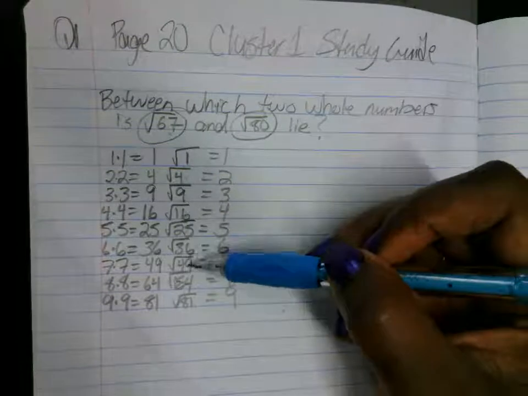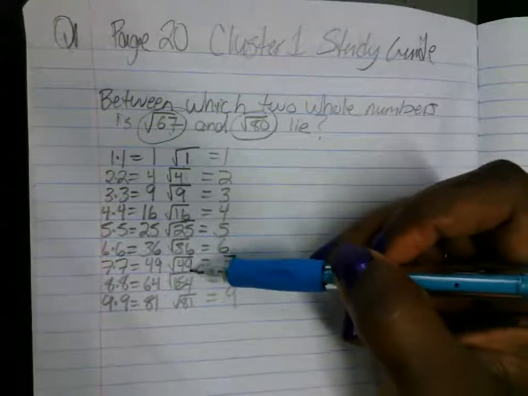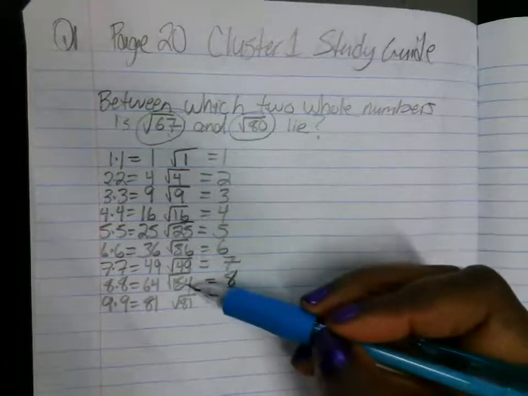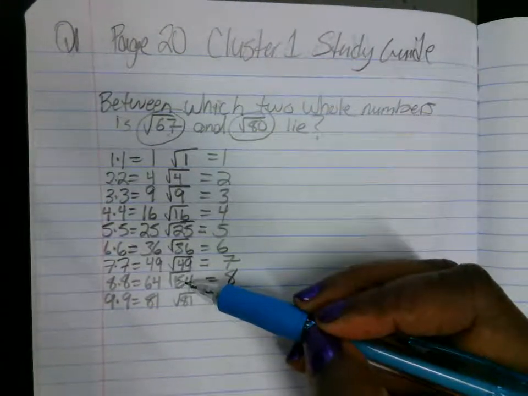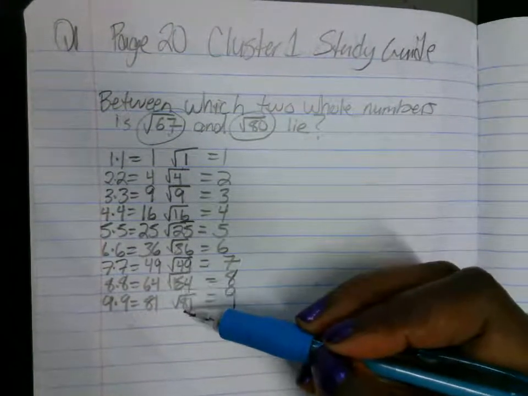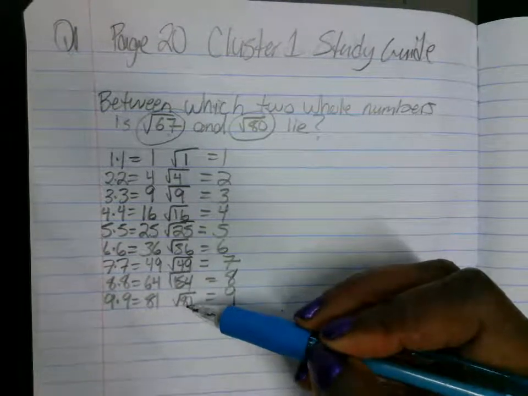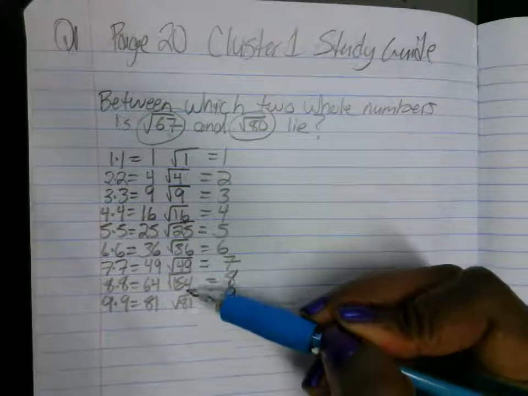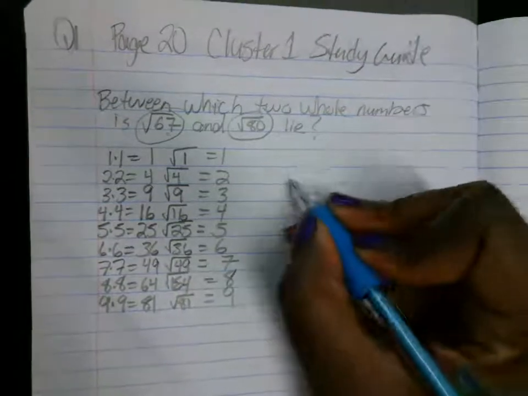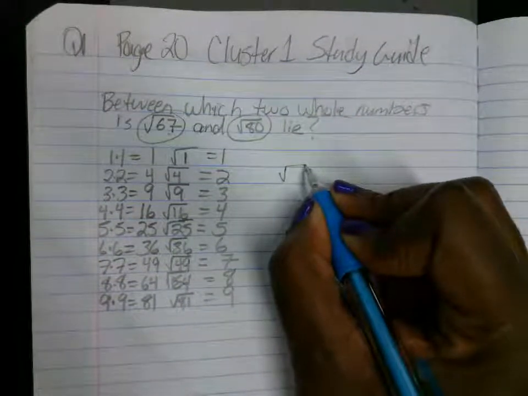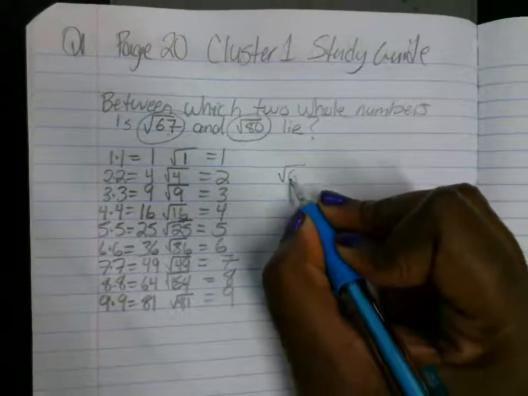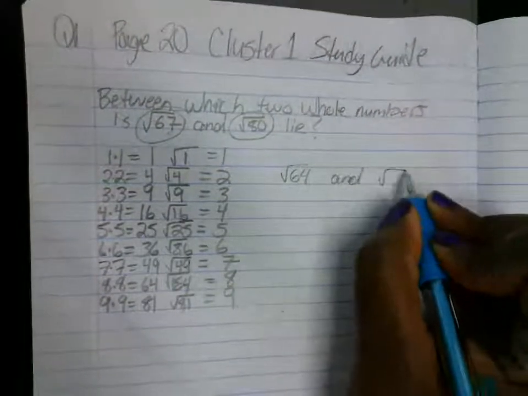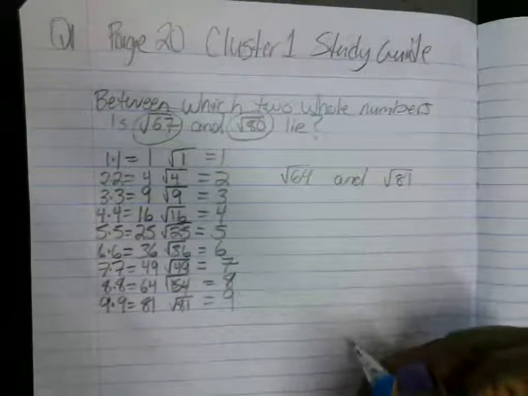It is not between 36 and 49, and it is not between 49 and 64. But 67 is between the perfect squares 64 and 81. The square root of 80 is also between these two perfect squares. So it's between the square root of 64 and the square root of 81.